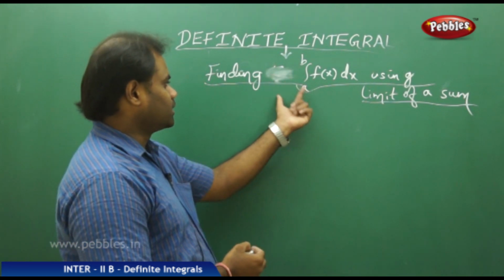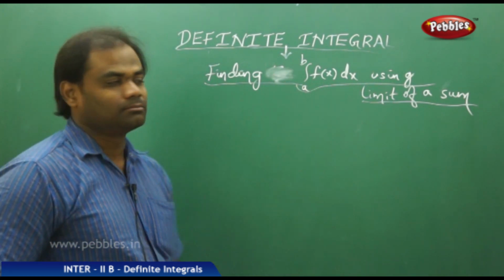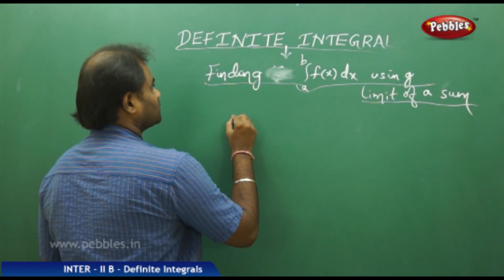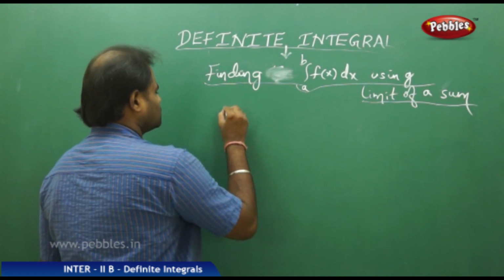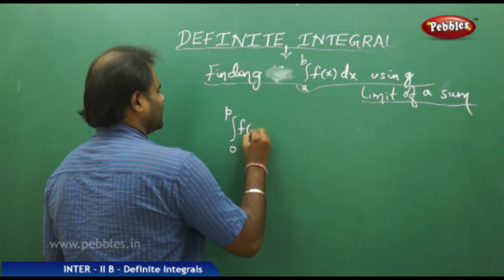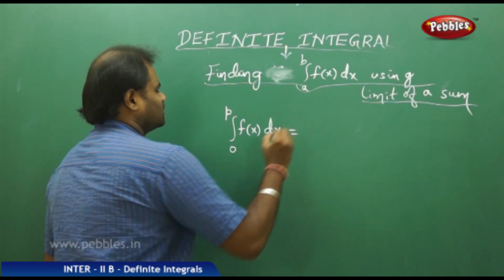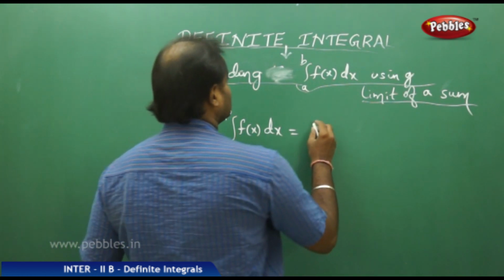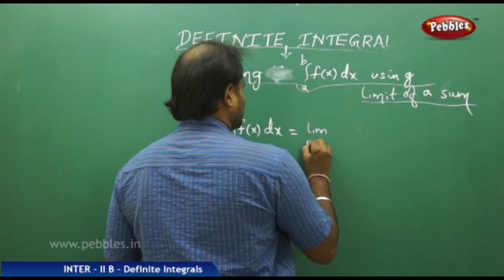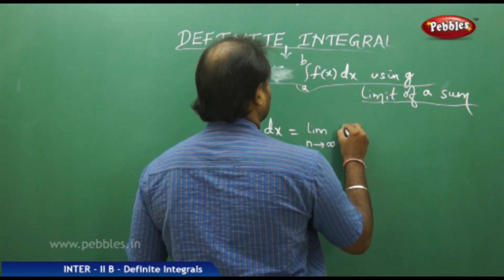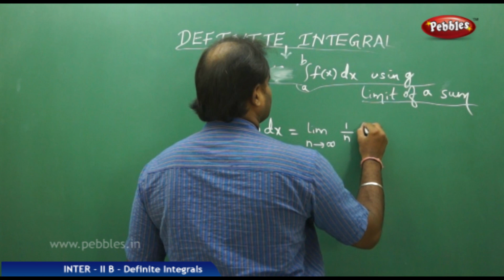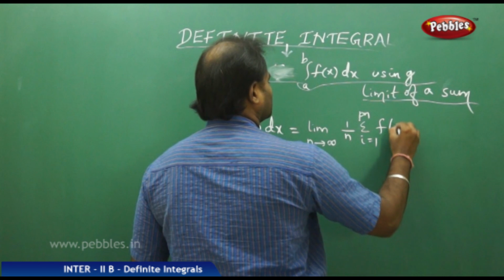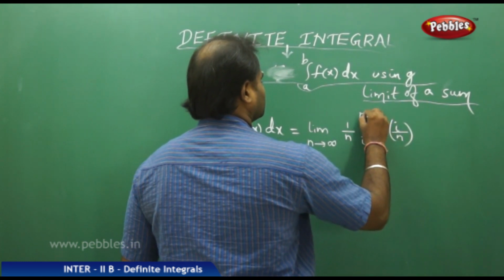So in order to find the integral from a to b of f of x dx as the limit of a sum, we have the formula: the definite integral from 0 to p of f of x dx is defined using the limit of a sum as the limit as n tends to infinity of 1 by n times sigma i running from 1 to pn of f of i by n.